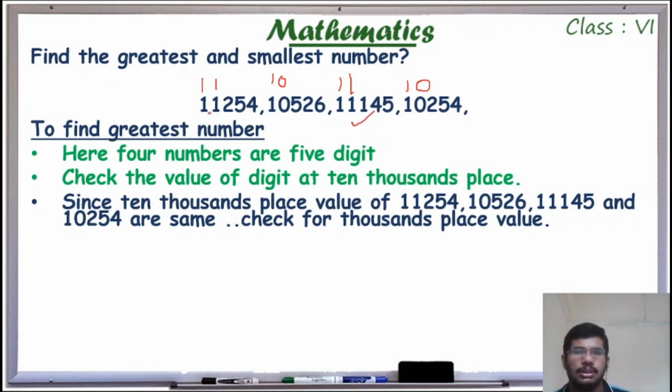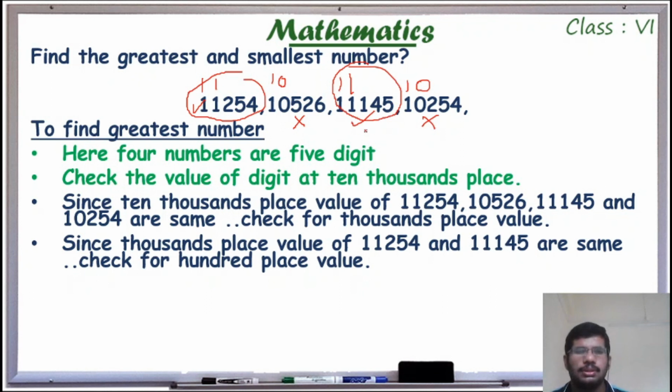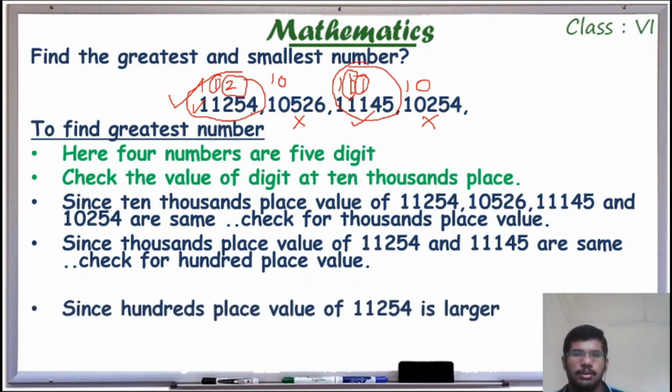So these two numbers are greater, and we cancel the other two. Now we have to check the first number and the third number. Since their thousands place values are the same, we check the hundreds place value. For the first number it is 2 and for the third number it is 1. So the greatest is this, because 2 is larger than 1. So 11,254 is the greatest number.